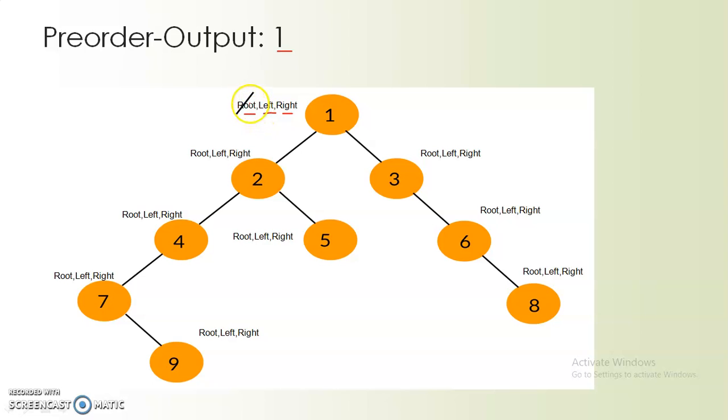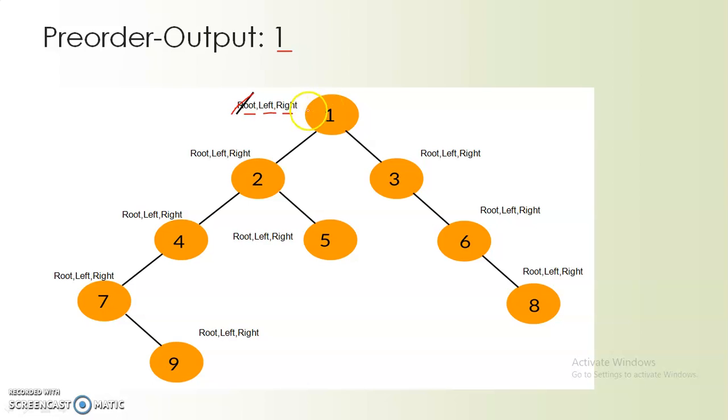Strike out whatever you have already traversed. If you have traversed the root, strike out the root. If you have traversed the left, strike out the left. If you have completed the left, then traverse the right. Okay, so I will do that.